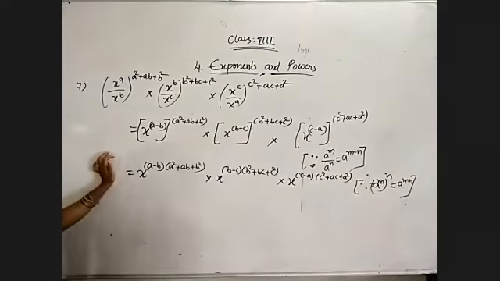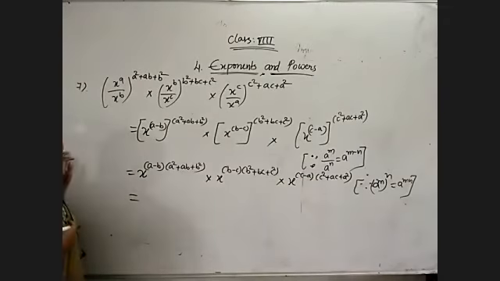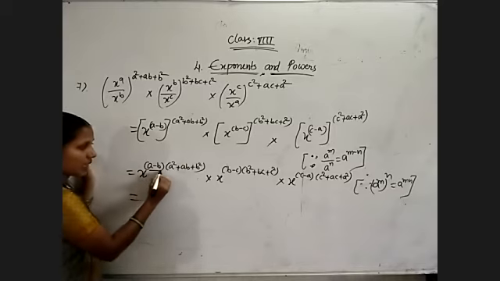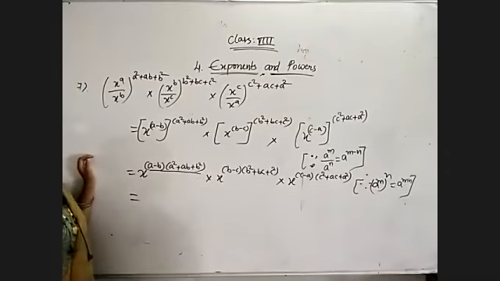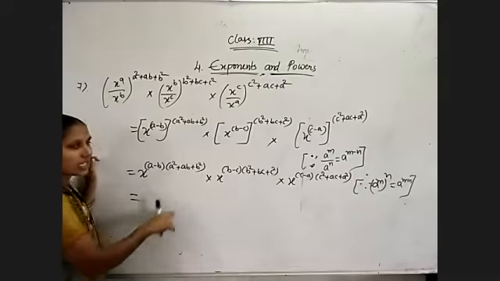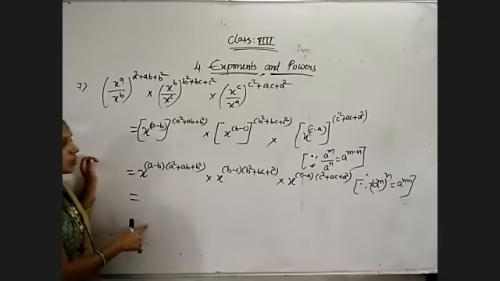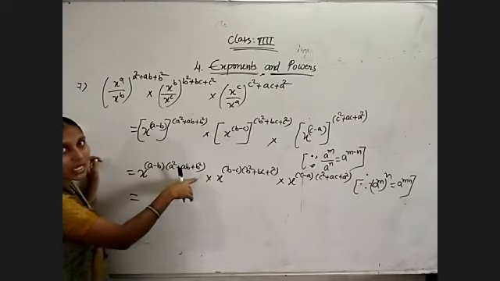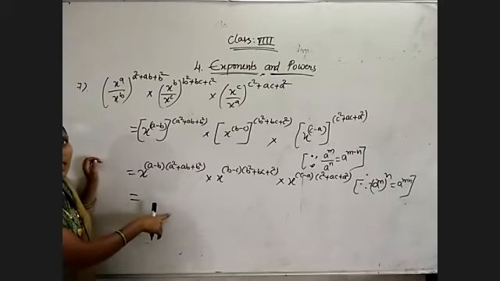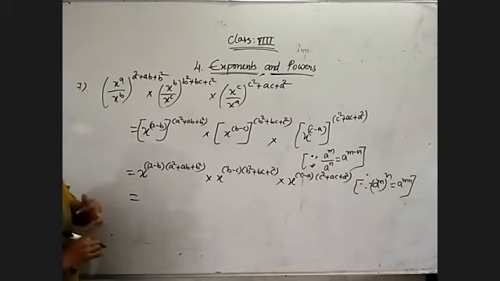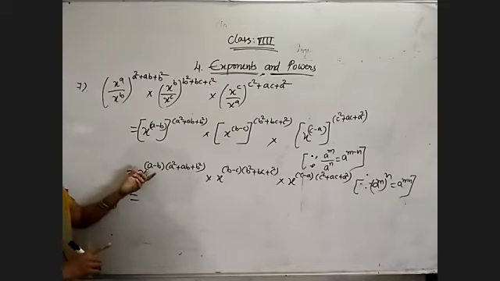And now again simplify. Just observe this formula, a minus b into a square plus ab plus b square. We have one of the identities, a cube minus b cube is equal to a minus b into a square plus ab plus b square. That is the identity we have studied in algebraic identities: a plus b whole square, a minus b whole square, a plus b whole cube, a minus b whole cube, a cube minus b cube, a cube plus b cube.